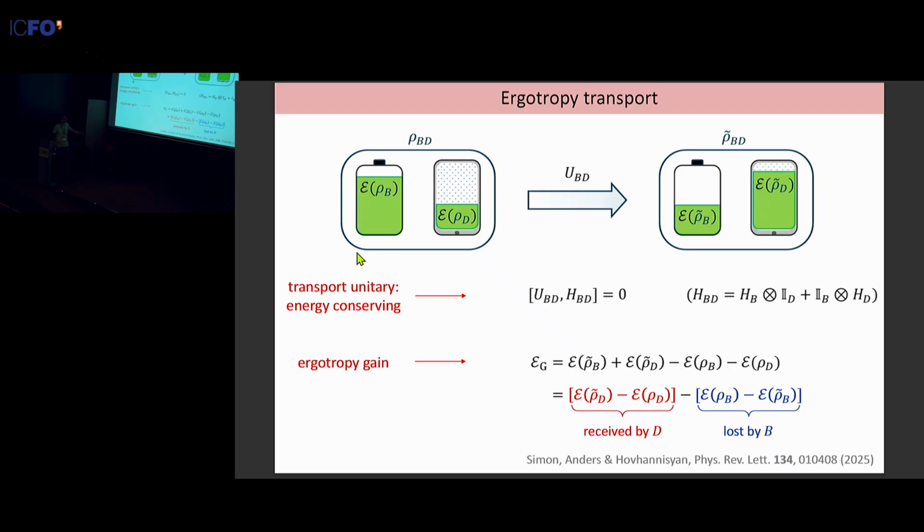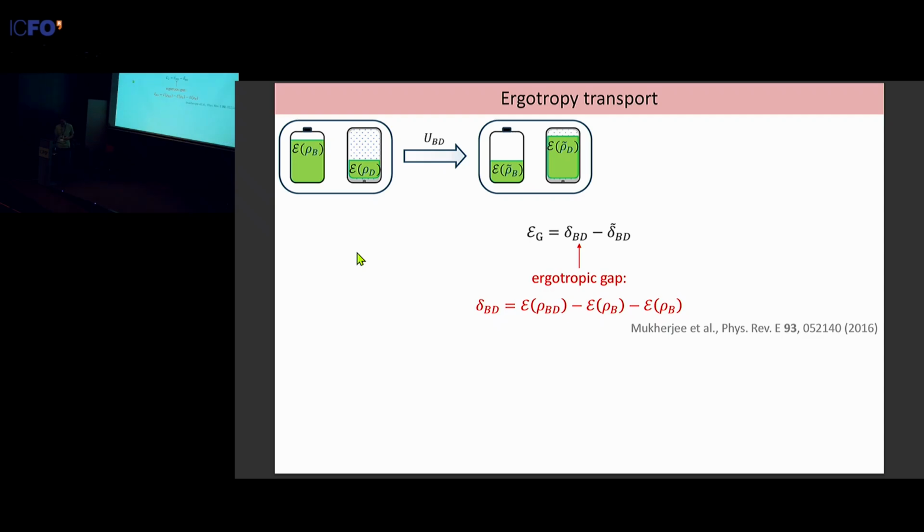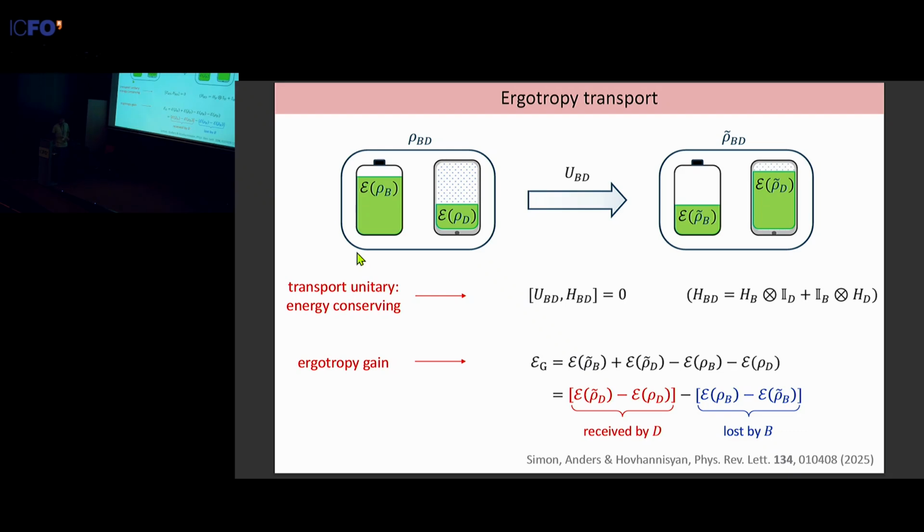And by rearranging the terms, this is the ergotropy received by the device minus the ergotropy lost by the battery. So this is exactly the kind of loss or gain situation that we want to address. This is the main quantity that we're going to look at, and the energy conserving unitaries are going to be the processes that we consider.